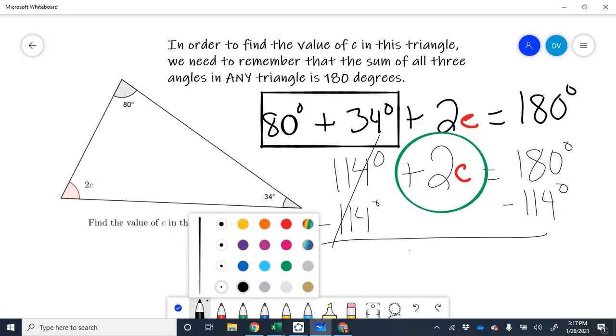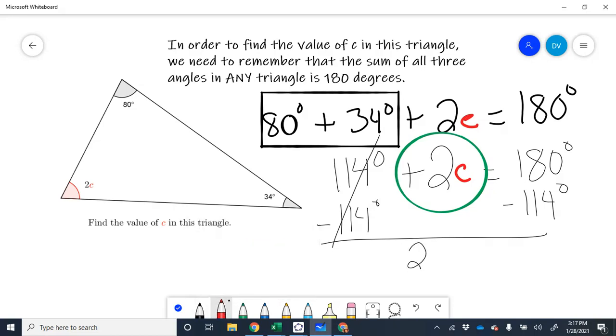We're going to rewrite 2c, and we also didn't cross off the equals, and then we'll just subtract 180 degrees minus 114 degrees, which will be 66 degrees.